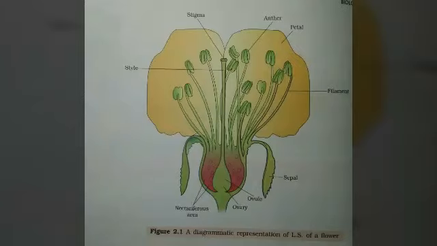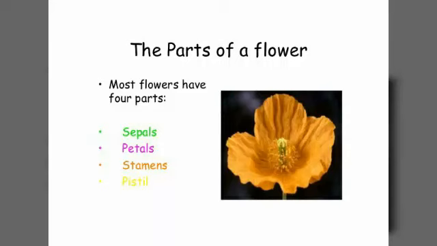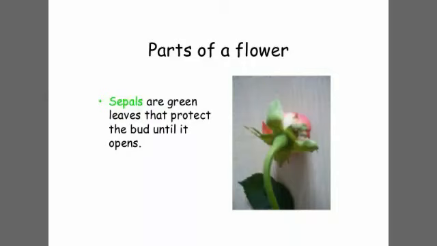So let's revise again the parts of the flower. Stamen and pistil both are reproductive parts, and the sepal and petal are non-reproductive parts. Sepal is green in color.